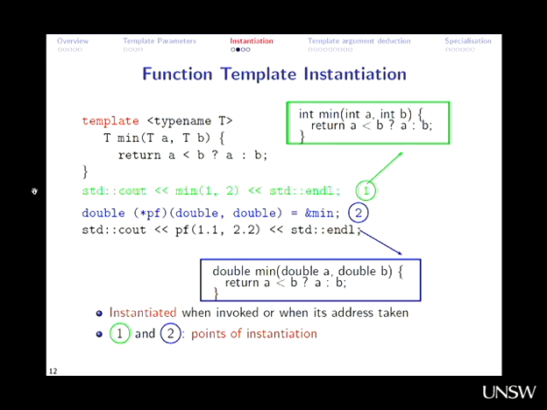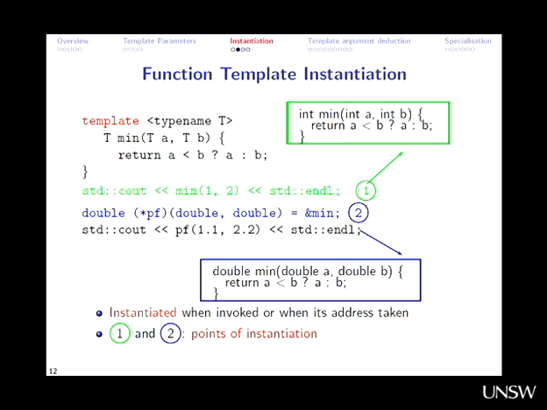Now, again, I told you at the start of the semester, don't use function pointers because they're a mess. They don't look very nice. But these functions get compiled when they are required. They don't get compiled just because the compiler sees a function template. It can't.